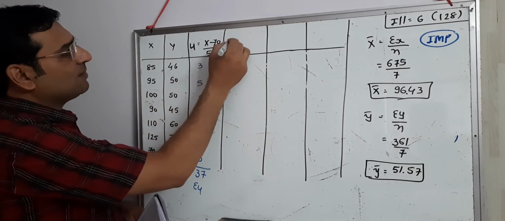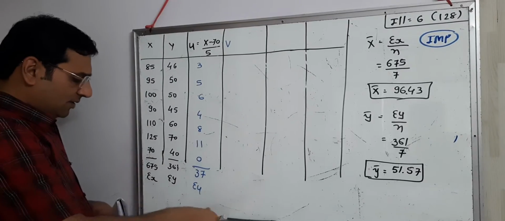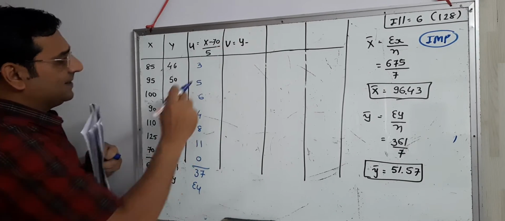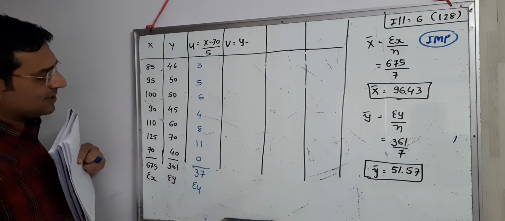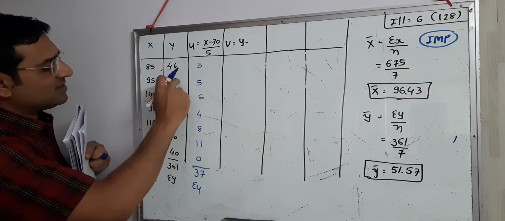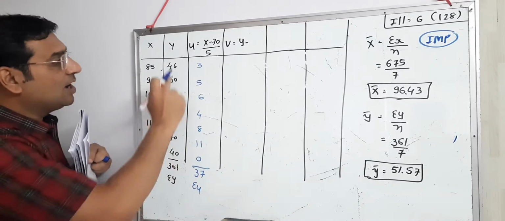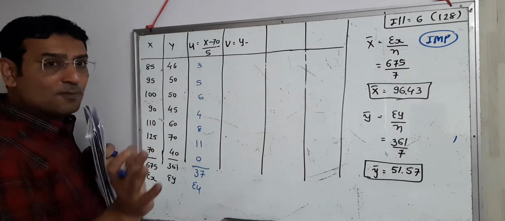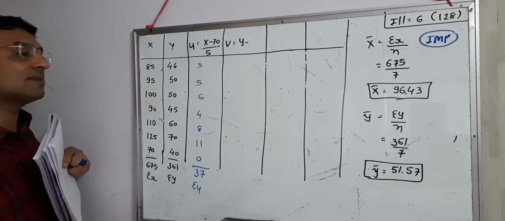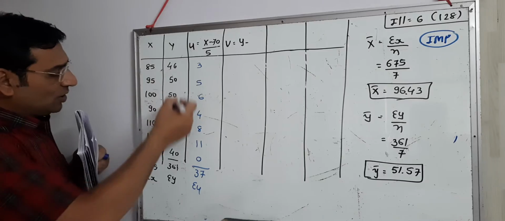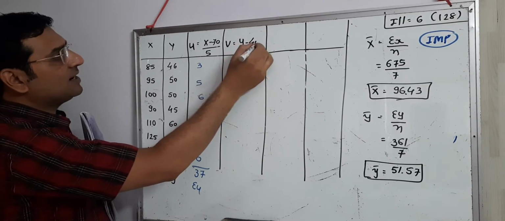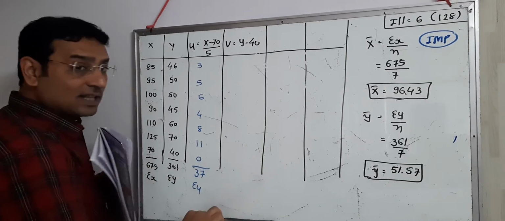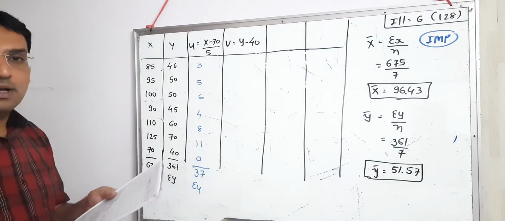Same way for V. V is equal to y minus something. First check whether all values are divisible. Of these 6 values, they are divisible by 5, but 46 is not. So divide only if all values are divisible. If all are not divisible, then we will not apply the divide concept. So here the lowest value is 40, and we will simply subtract 40 from each value. Please observe that we are not dividing, because all values are not divisible.